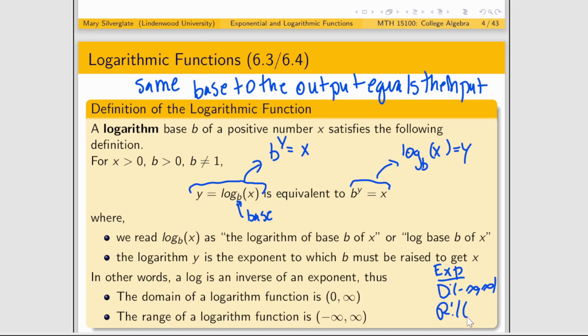The range of an exponent, if it hasn't been transformed, is 0 to infinity, because if I'm taking some positive number that's not 1 to a power, I'm always going to end up with a result that is strictly positive. That means that on the log function, the domain becomes the range, so the range is now negative infinity to infinity, and the range becomes the domain, which is 0 to infinity.